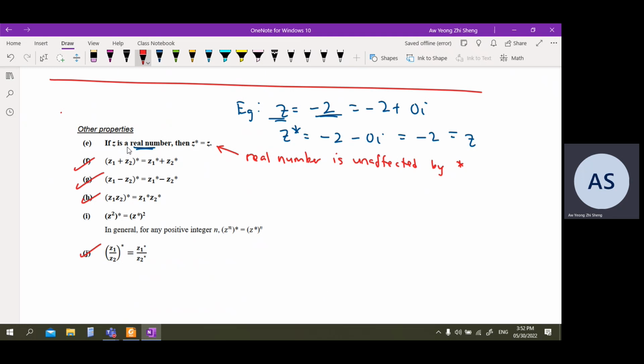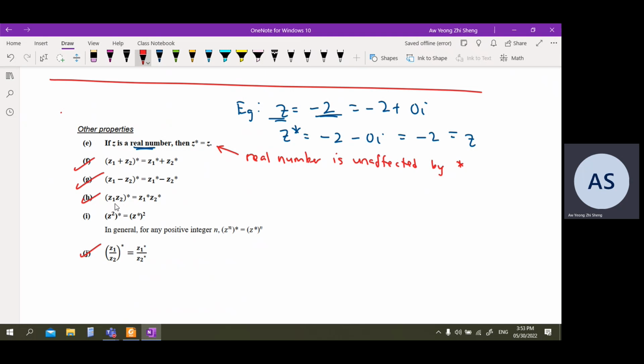Okay, property F says the star operator can be distributed over addition. So when you have two complex numbers added up, and you take the star of the whole thing, you can distribute your star over the addition. This is very useful. Then property G says the star can also be distributed over subtraction.